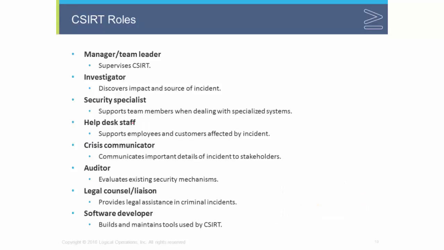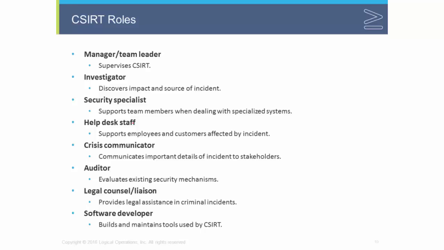Within each CSIRT, we've got to make sure that our team members understand what their roles are. And in order to do this, we, of course, usually are going to have to make sure that they are properly trained and that they know exactly what it is that they need to do if an incident occurs.